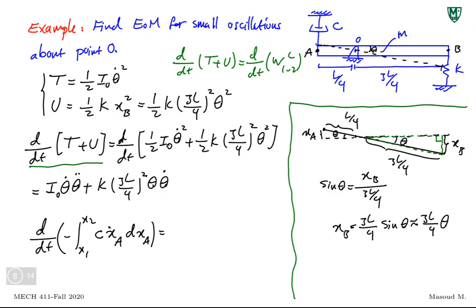I have to find a way to get rid of this dxA and convert it into dt like I did before. Right? Hopefully it makes sense what I'm trying to say here, and you're still following.